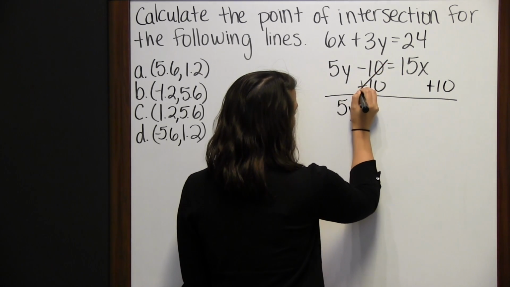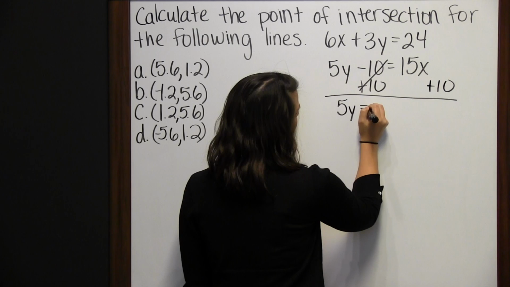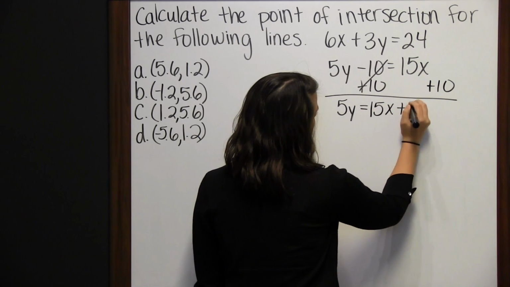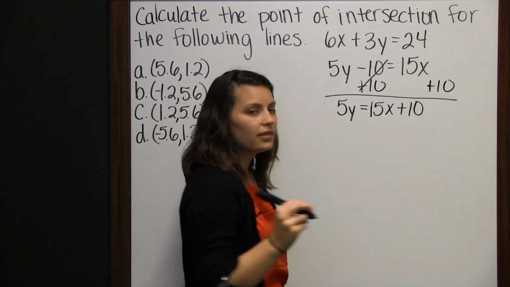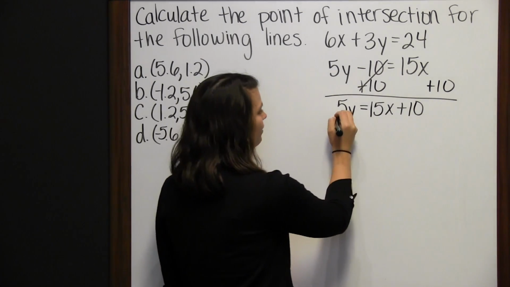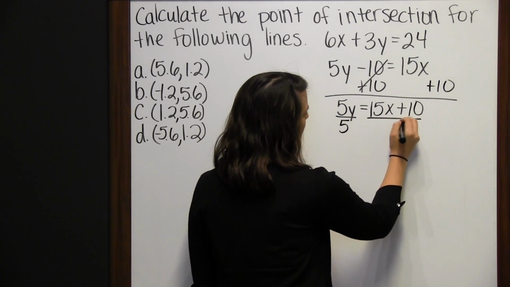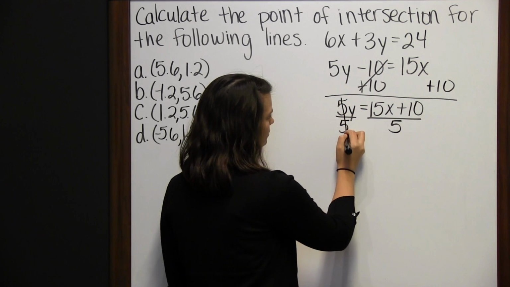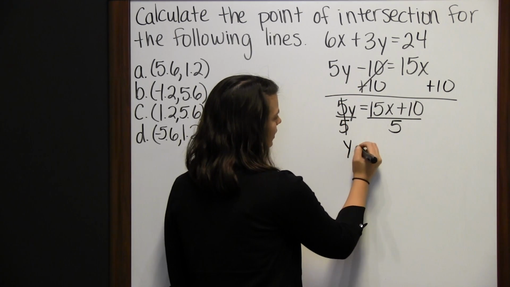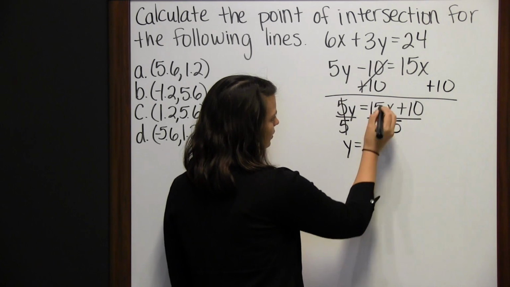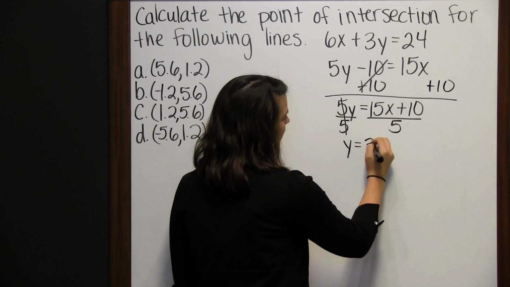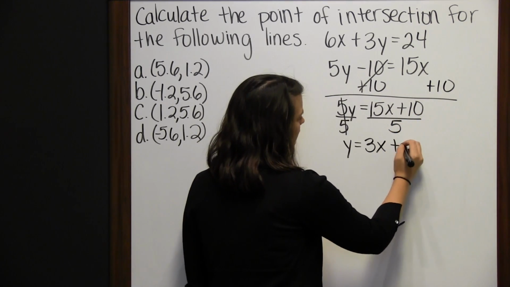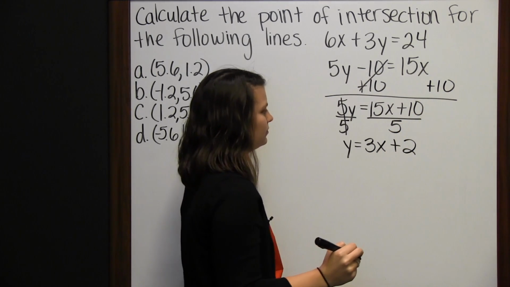Negative 10 plus 10 is 0, equals, these are not like terms, so just write them down. Then we need to divide everything by the coefficient of y, which is 5. 5 divided by 5 is 1, times y is y, equals 15x divided by 5 is 3x, and 10 divided by 5 is 2, so plus 2.